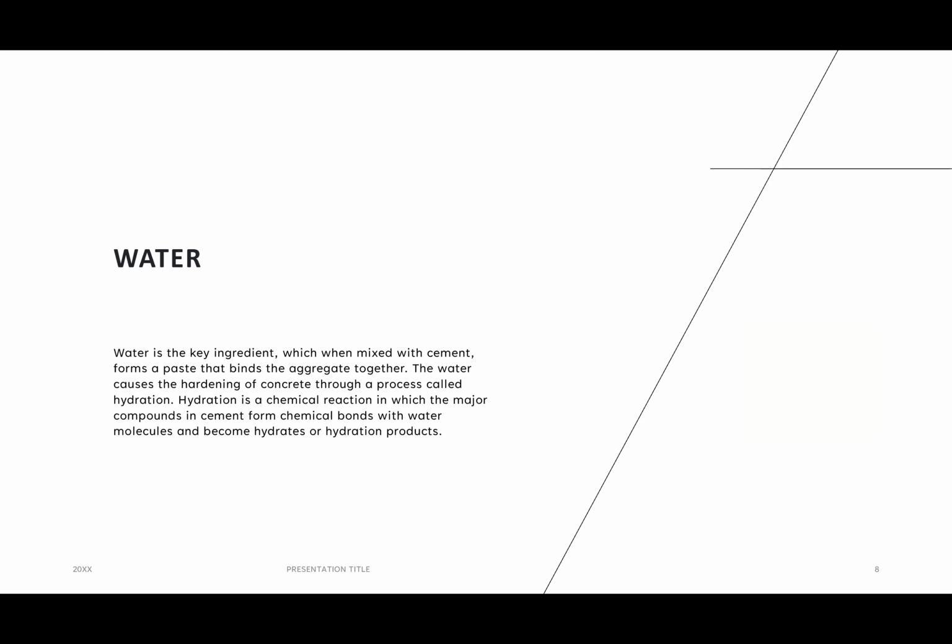So now moving into the last ingredient of the concrete process, water. Water is the key ingredient, which when mixed with cement forms a paste that binds the aggregate together. The water causes the hardening of concrete through a process called hydration. Hydration is a chemical reaction in which the major compounds in cement form chemical bonds with water molecules and become hydrates or hydration products.